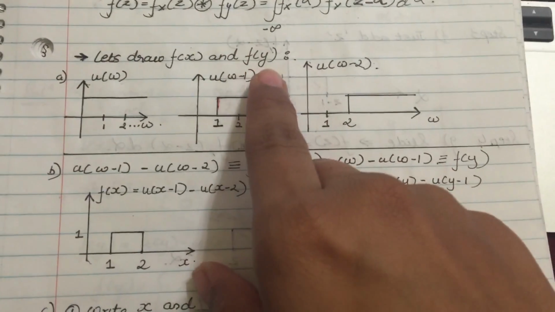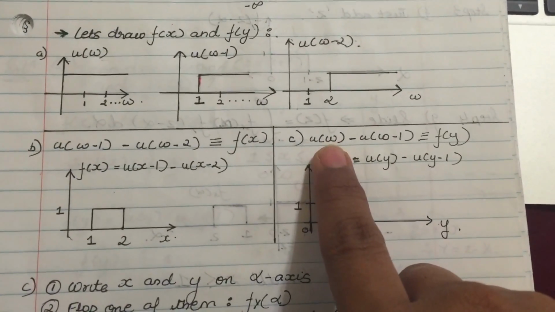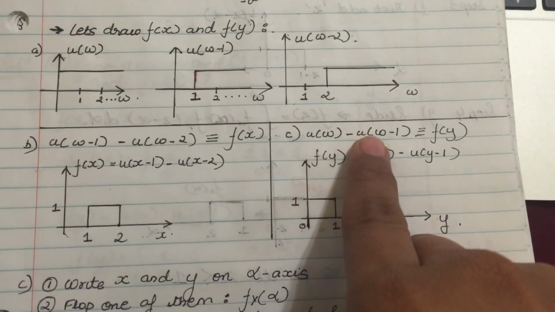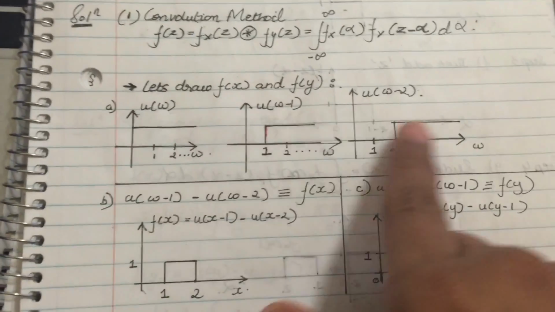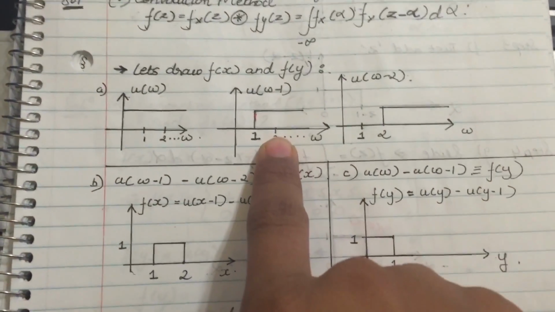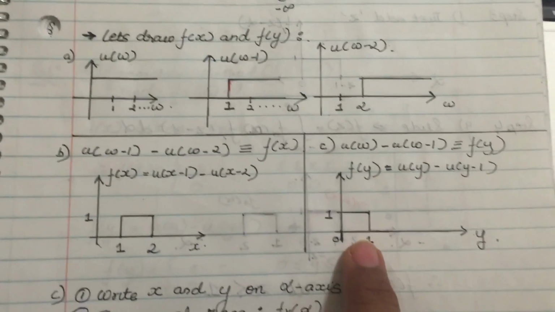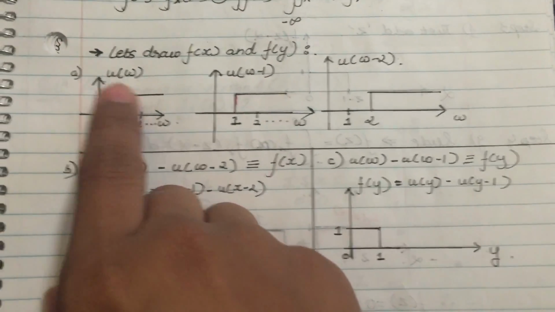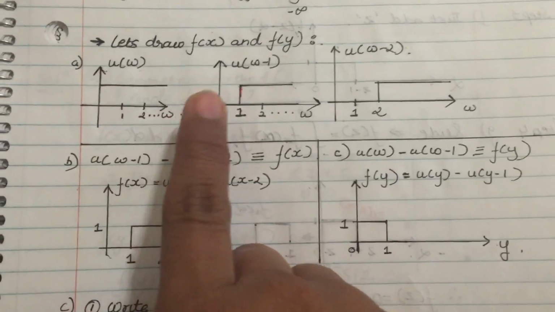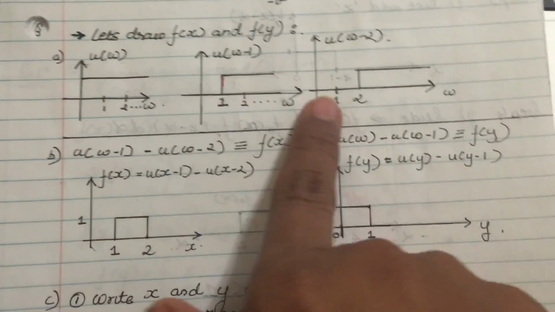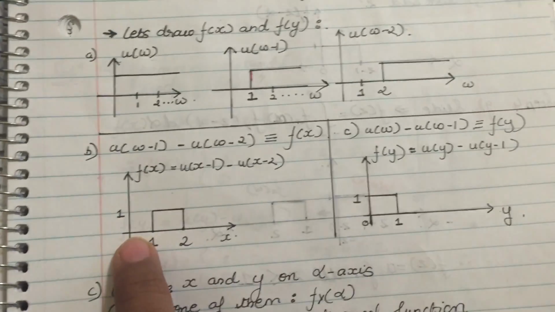And if you were to draw f of y, which is unit function minus a unit function shifted by 1, you would get something like this, because it is 1 minus 0 from 0 to 1, and then from 1 onwards it's 1 minus 1. So that's why the rest of it would be 0, and the same goes in this case.